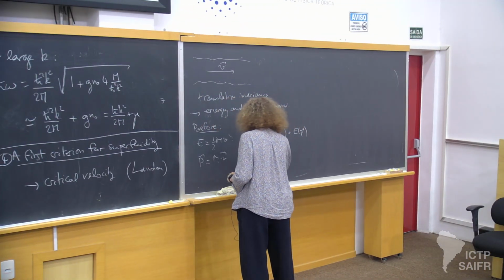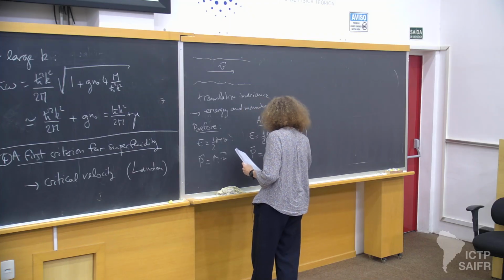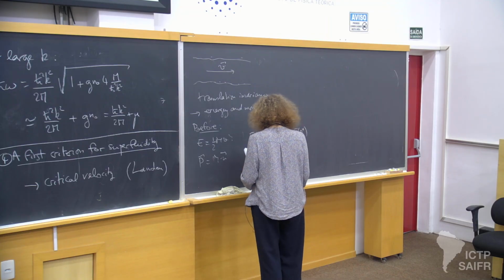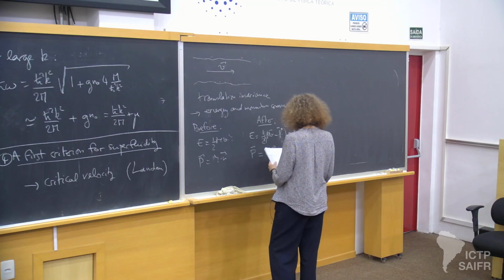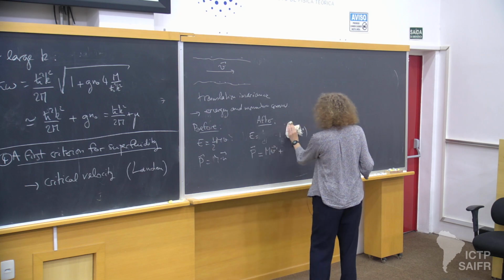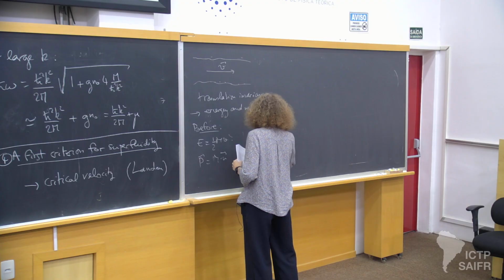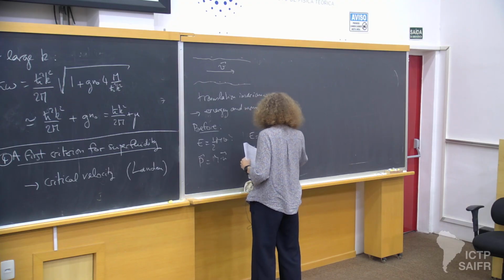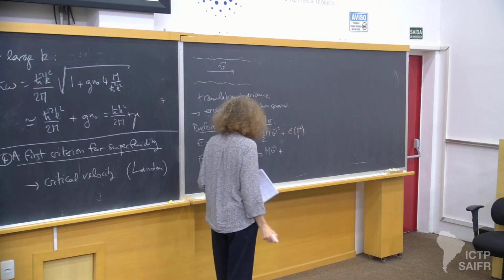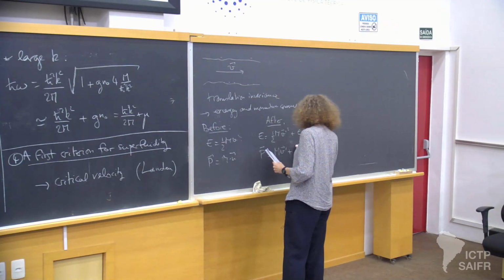And the momentum is now the new velocity, mv prime. Okay, I go too fast. Okay, I have the new velocity of the fluid. The energy is 1/2 of mv prime squared, plus the energy corresponding to creating an excitation with momentum p star. And the momentum is mv prime for the fluid plus p star for the excitation.